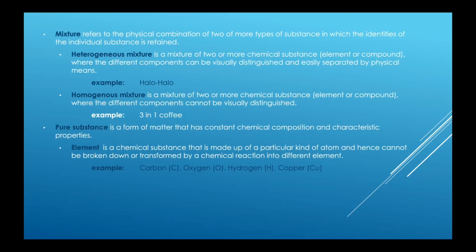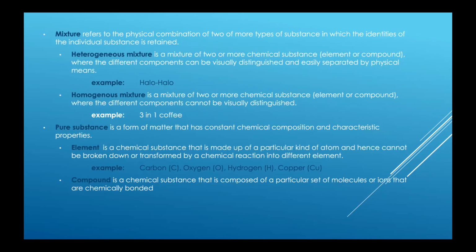Okay. Another type of pure substance is the compound. Ito naman, this is the chemical substance that is composed of a particular set of molecules or ions that are chemically bonded. Ito naman yung pinaghalo-halo mo na yung mga elements mo to combine a new substance. So, a good example of this is water, where you have H2O and your table salt, which is your sodium chloride, and your carbon dioxide.